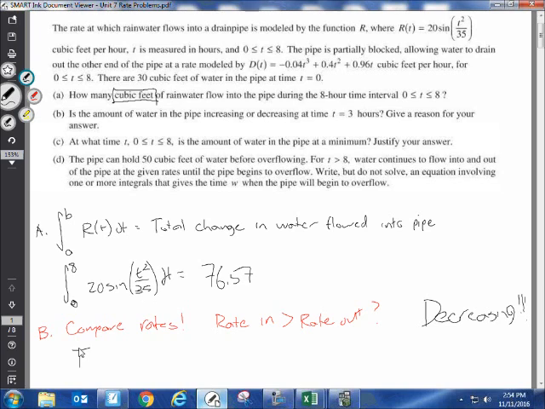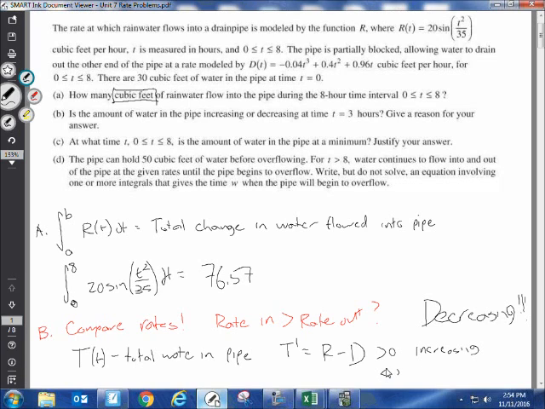So what Mr. Quigley did, he says, okay, well, the total, let's just say is T, the total water in the pipe. He said, well, T prime is going to be R minus D. If T prime is positive, water is increasing. Right? The derivative is positive, we're increasing.